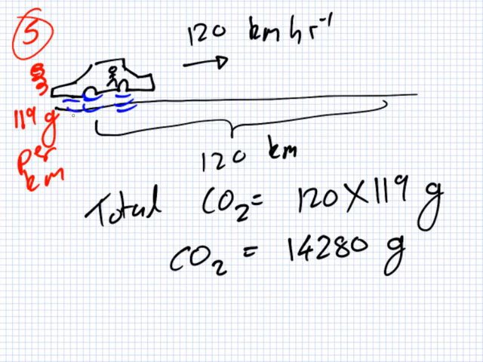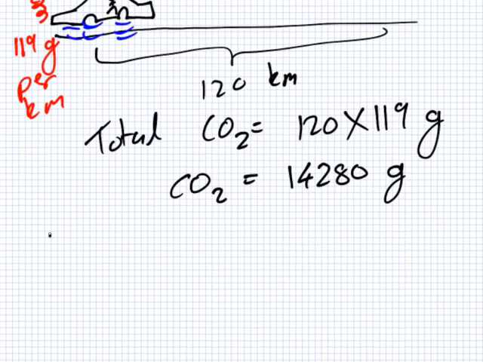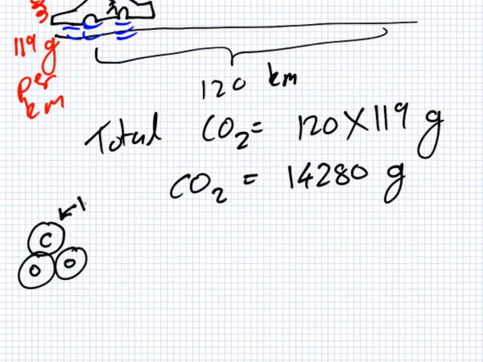Yeah, that's better. Right, now I need to know how many moles I have. So CO2 is 1 carbon, 1 oxygen, and 1 oxygen. What's the molar mass of carbon? 12, of course, that's the definition.